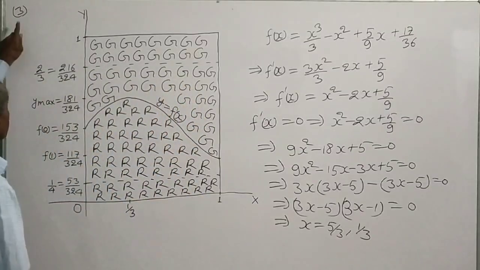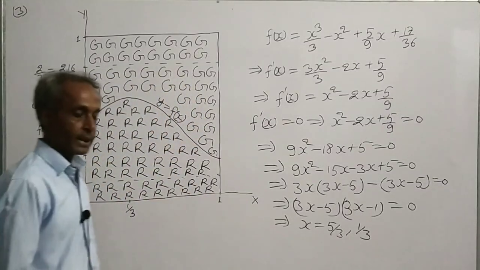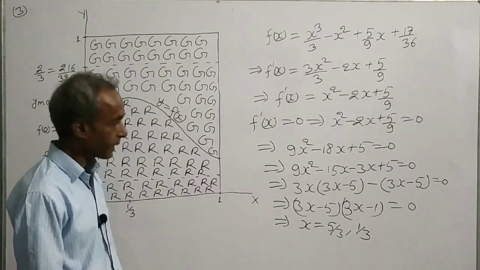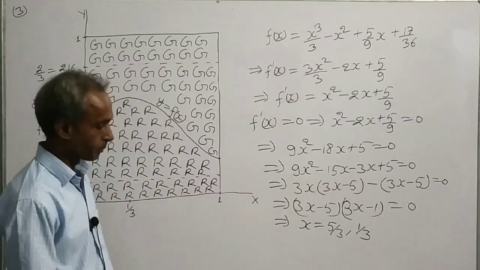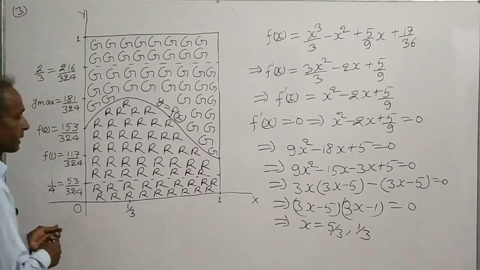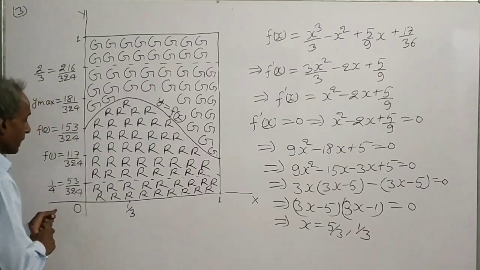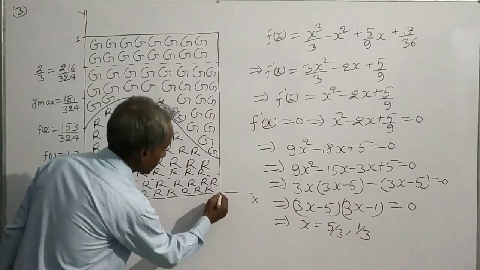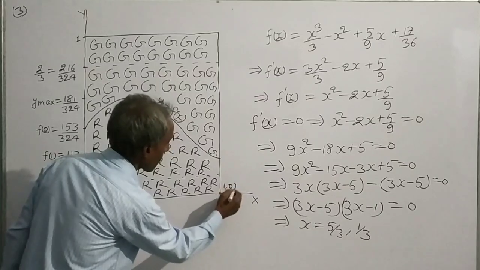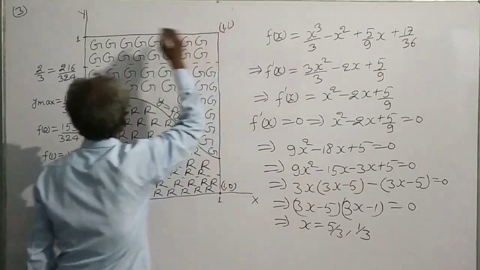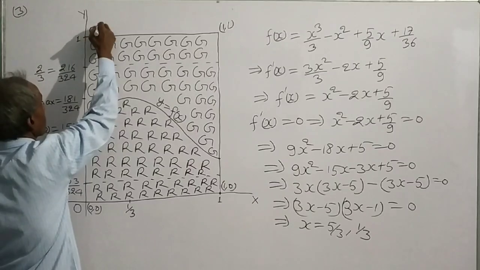Question number 3 of JEE Advanced 2023 paper 1. In the question it is given that there is a square whose vertices are (0, 0), (1, 0), (1, 1), (0, 1).